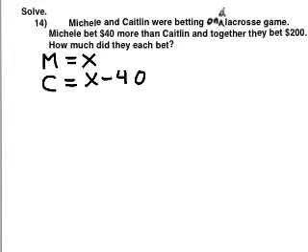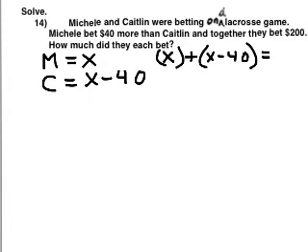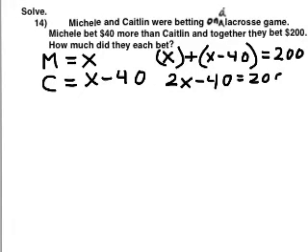Together they bet $200, so if we add Michelle and Caitlin together, we get $200. Michelle is X, plus Caitlin, X minus 40, and that is $200. Now this becomes a simple algebra problem. We have 2x minus 40 equals 200.